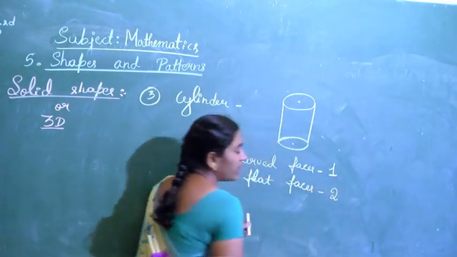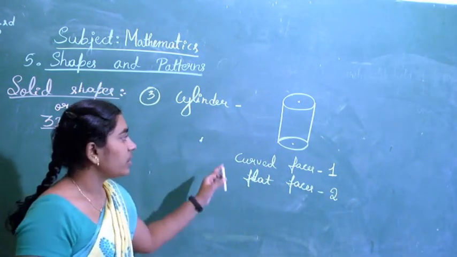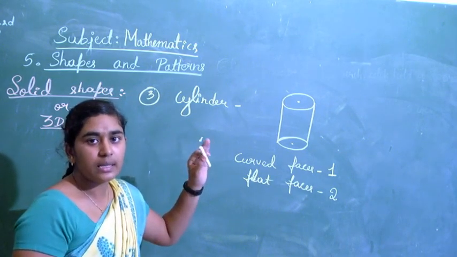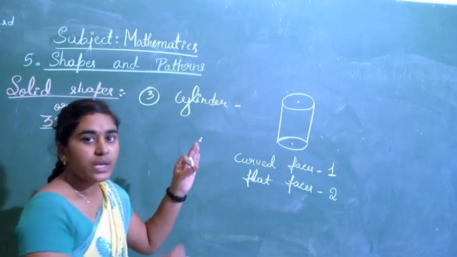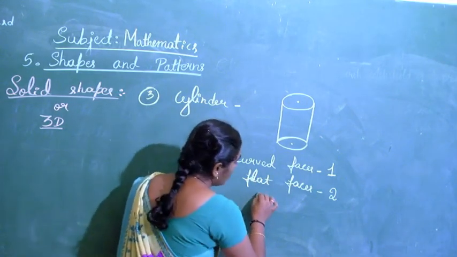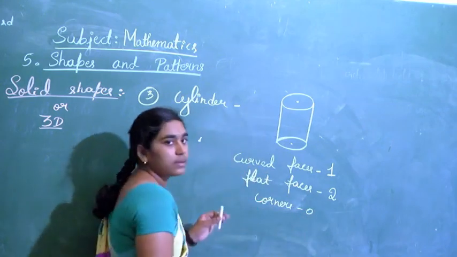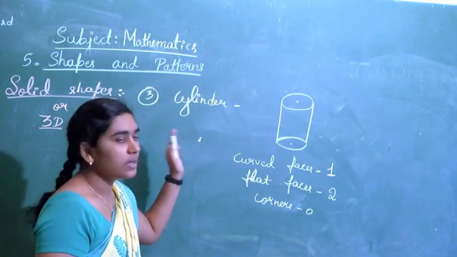So two flat faces are there for the cylinder. Is there any vertex or sharp ends? No. So no corners. Corners are 0 for the cylinder.